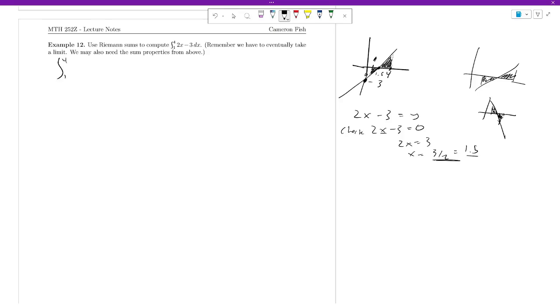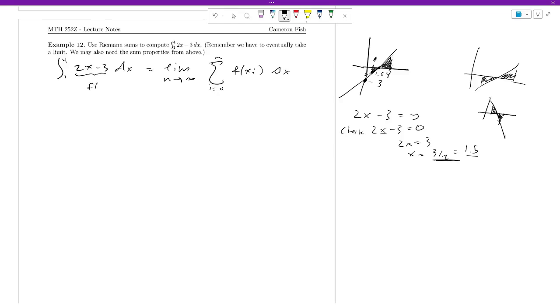Theoretically, the first step is to write down that this is equal to the limit as n goes to infinity of my Riemann sum, right? So I'll just write it: the sum of f of xi delta x, i from 0 to n. f here is our function, our integrand.